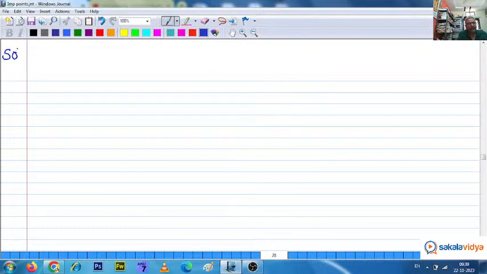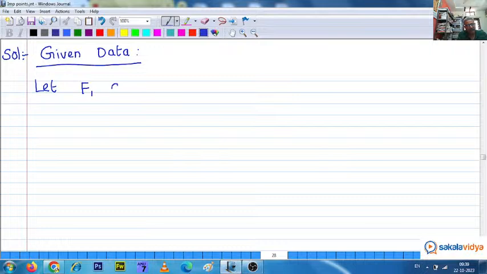So first, write down the given data. Let F1 and F2 be the two forces, F1 bar, F2 bar, two forces. Clear? And next, what is given actually here?